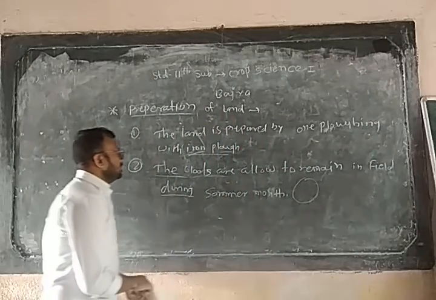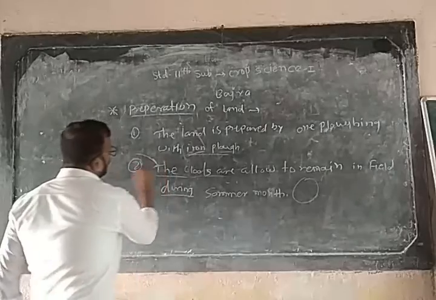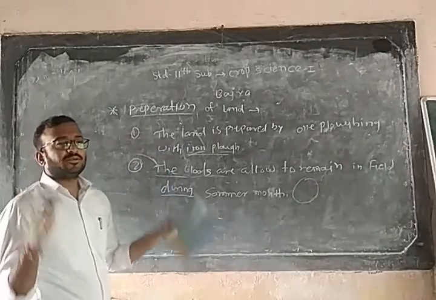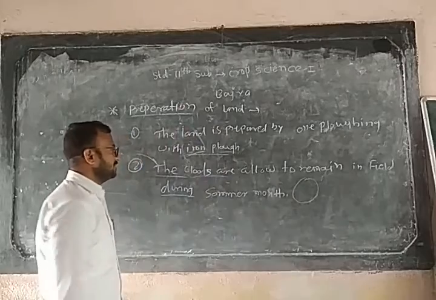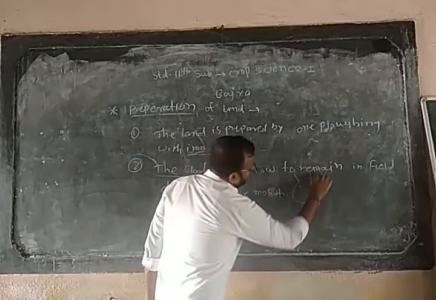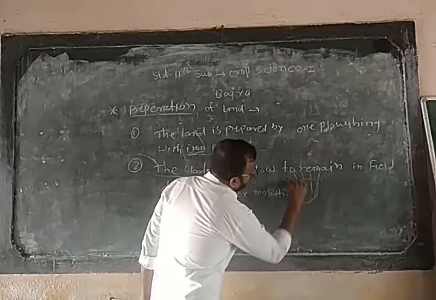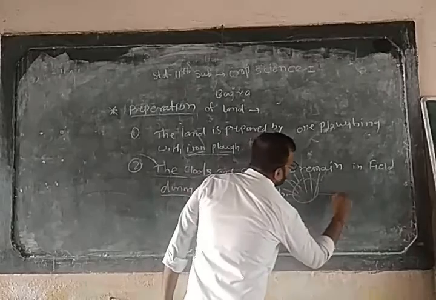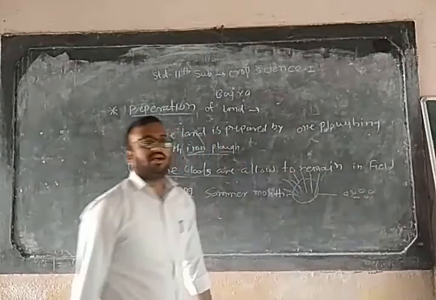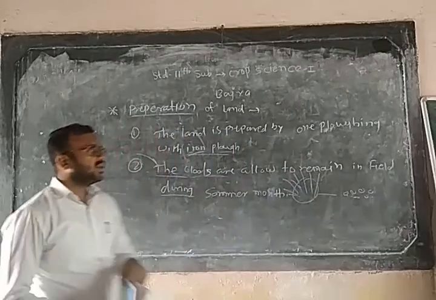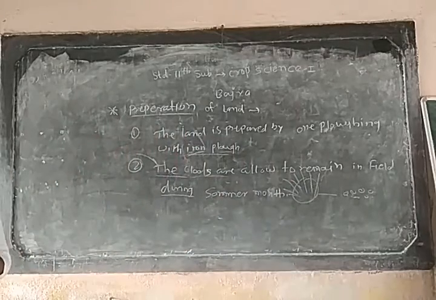And after the rain comes, the clods break down due to the heavy rain attacking the soil particles, and if rain occurs on the clods, then they break down into small particles. This is called the clod formation stage and clod breaking stage.